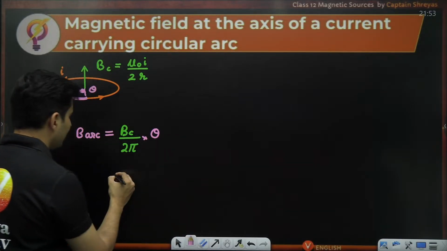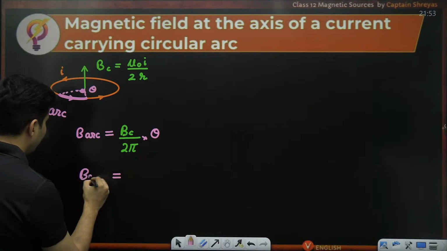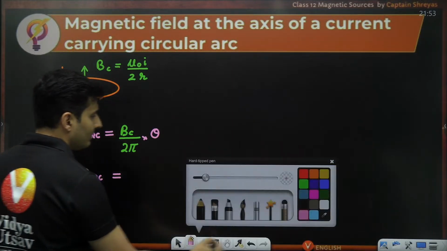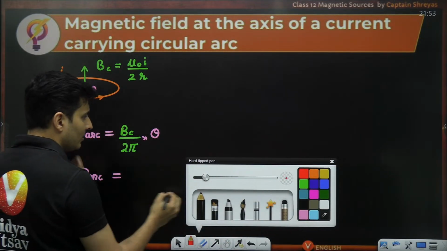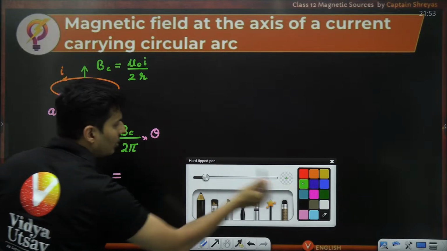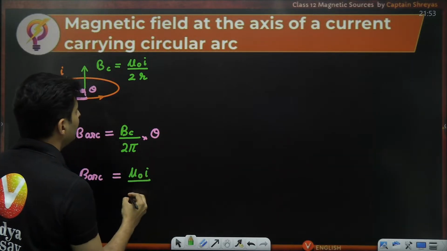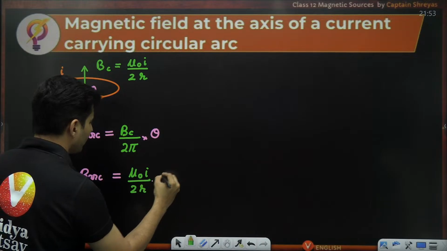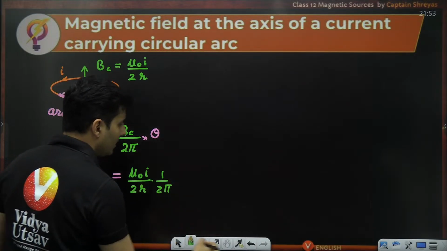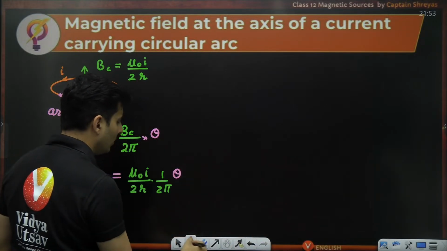So hence the answer: the magnetic field due to the arc will be, substitute everything over here. Okay, you don't have to remember this formula. If you know the unitary method, you can easily do this. Mu naught I by 2r, divided by 2 pi, and then you of course have theta over here.